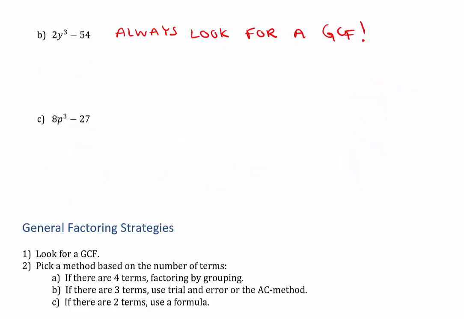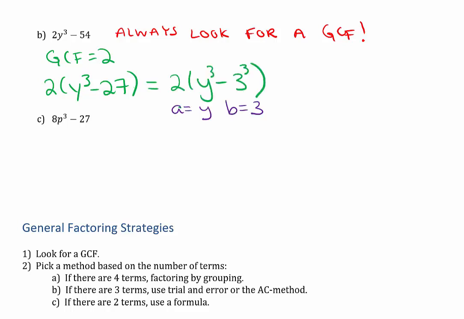Now, just like in the previous examples, sometimes you might see a GCF, and in fact, you should always look for a GCF first when you're factoring. In this problem, the GCF is 2, and if I pull the 2 out, I'm left with a y cubed minus 27. This is now a difference of perfect cubes. 27 is 3 cubed. So I'm going to use that first formula that was on that previous page.